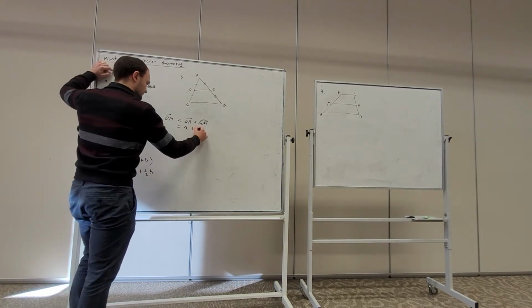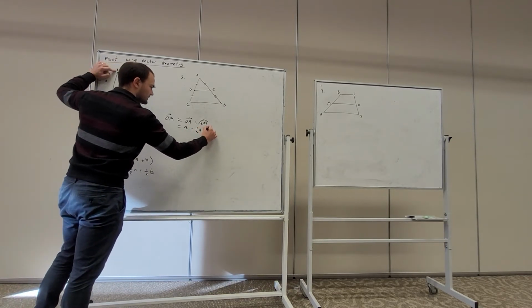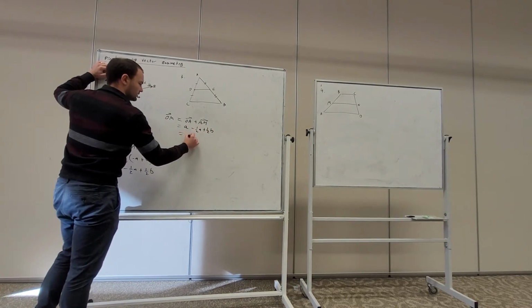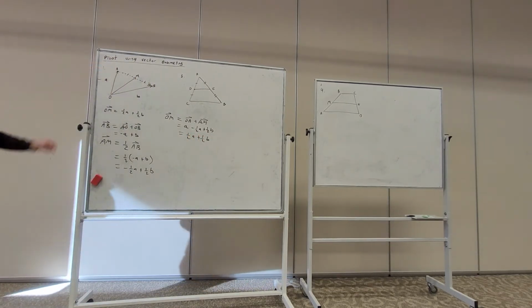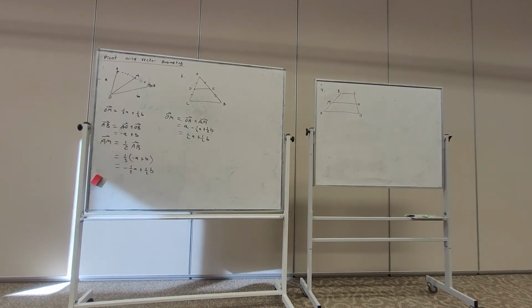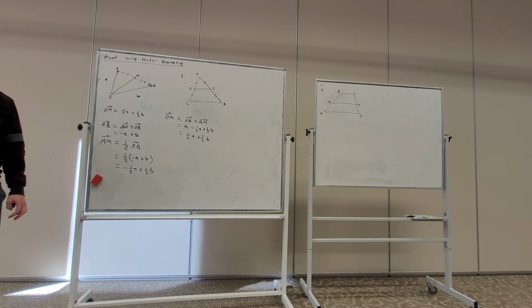So that's plus half A plus half B. Okay, so we've demonstrated that vector OM is half A plus half B. Okay, any questions about that one?